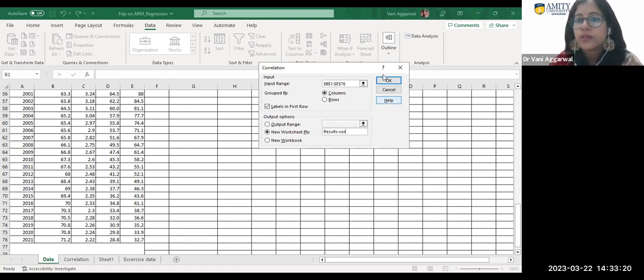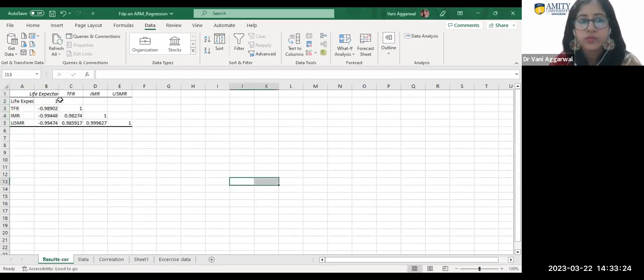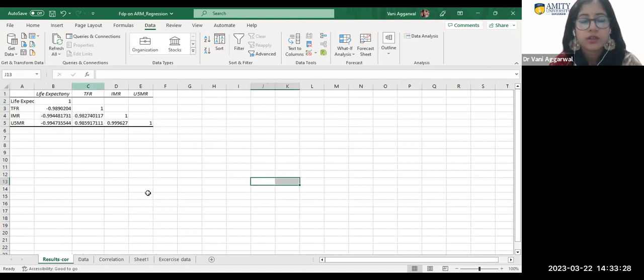Then click on OK. Now a new sheet is open in front of you with the name results correlation, and it is giving you this correlation.